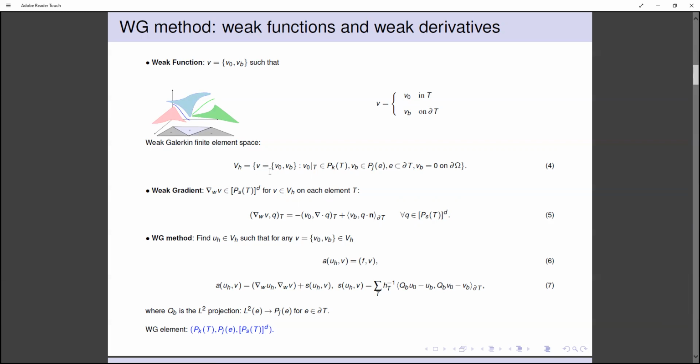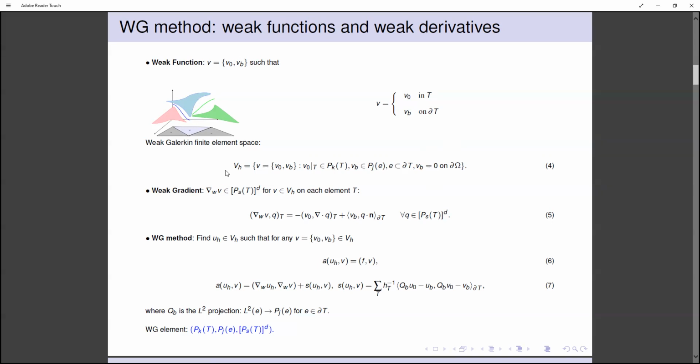Vh consists of all the weak functions where v0 on each element T is a k-th order polynomial, and vb on each edge of the element T, which is part of the boundary, is a j-th order polynomial. Since we consider homogeneous Dirichlet boundary conditions, we let vb equal 0 on the boundary of omega. That means the boundary of the whole domain.